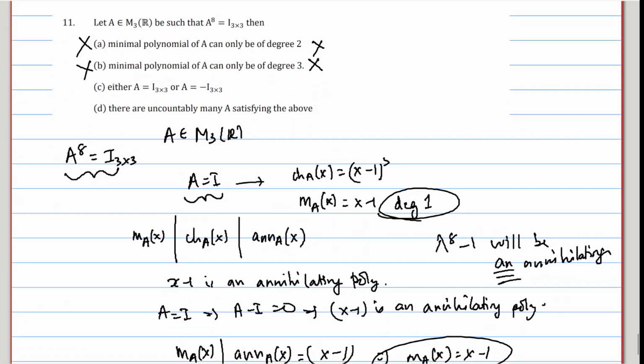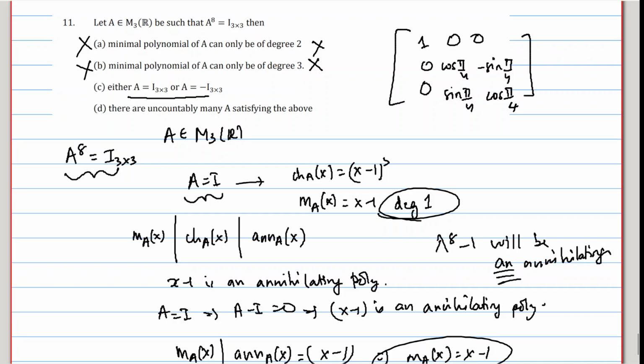Okay, fine. What about C? This is definitely not true because you take this matrix. Taking the angle pi by 4: cos pi by 4, minus sin pi by 4, sin pi by 4, cos pi by 4.